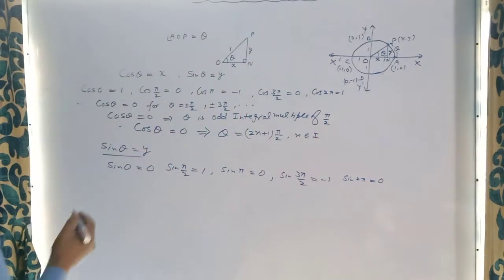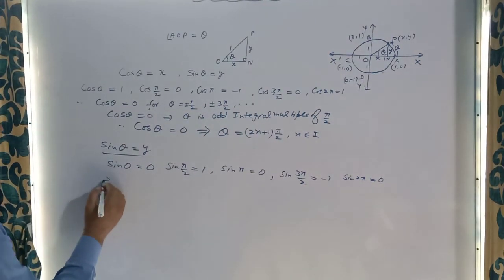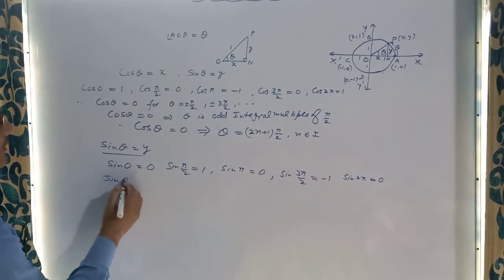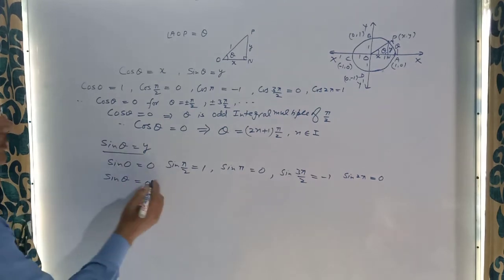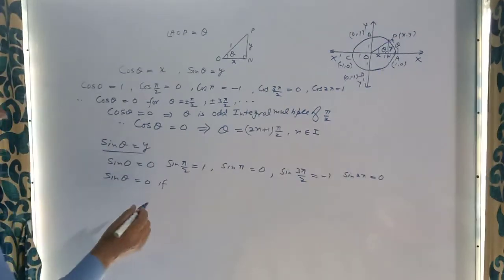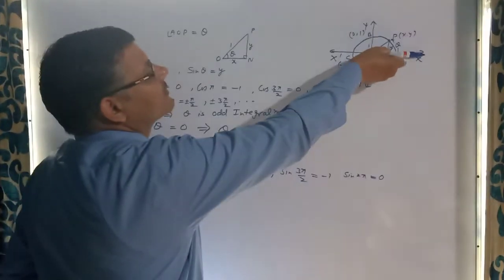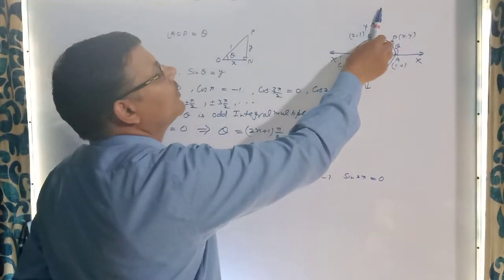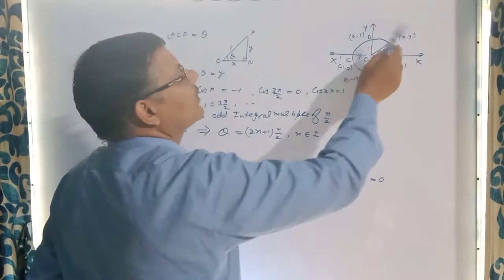This is for sine. So we write sine theta equal to 0 for theta equal to 0, and if we move anticlockwise, it comes as pi, 2 pi, and so on.